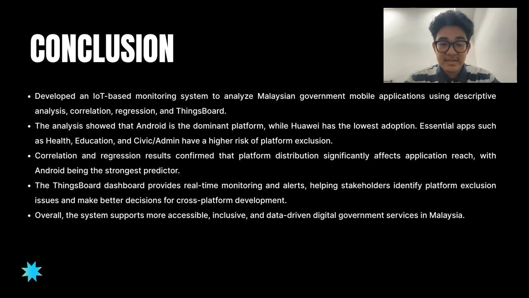Correlation and regression results confirm that platform distribution significantly affects application reach, with Android being the strongest predictor. The ThingsBoard dashboard provides real-time monitoring and alerts, helping stakeholders identify platform exclusion issues and make better decisions for cross-platform development. Overall, the system supports more accessible, inclusive, and data-driven digital government services in Malaysia.